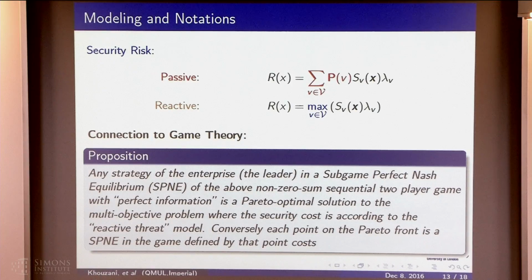If we think of the subgame perfect Nash equilibria in this game, each one of these is a point in the Pareto front. And conversely, each point in the Pareto front corresponds to a strategy for the leader in the subgame perfect Nash equilibria, where the game is defined by the specific cost for that point, direct and indirect costs associated to that point.